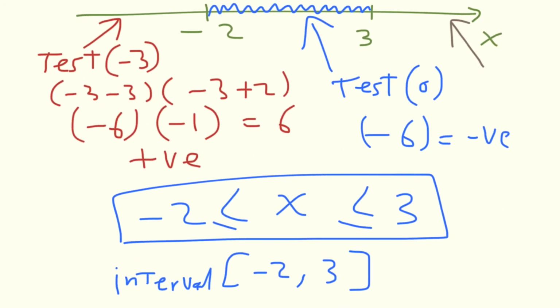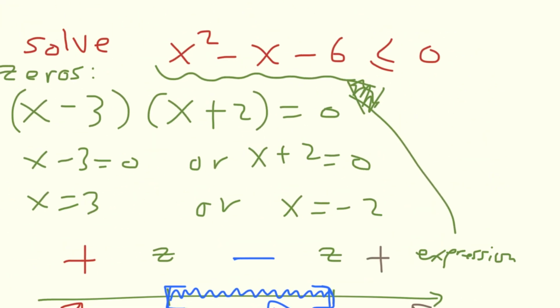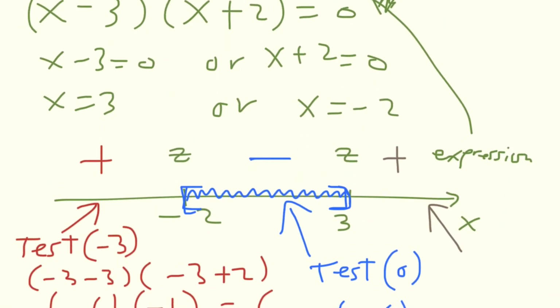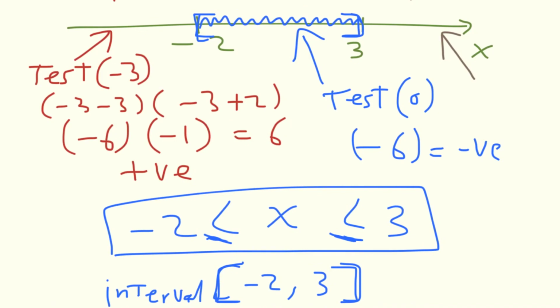That's why in the graph you should have a bracket here and a bracket here, because of the equal sign, that's important. But in the beginning, if there is no equal, then this will be just a parenthesis. The answer will be a parenthesis here, and a parenthesis here. And also a parenthesis here and here.